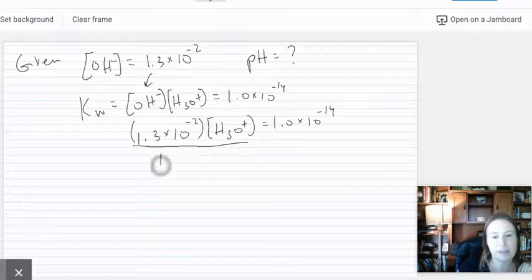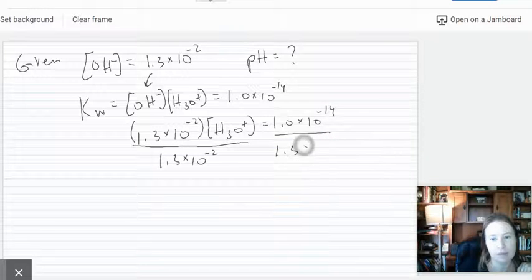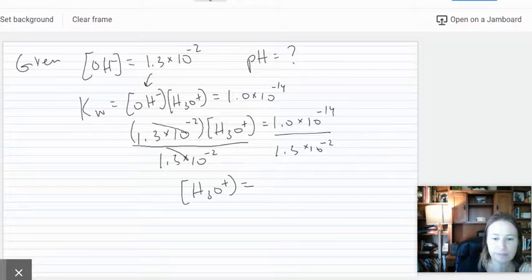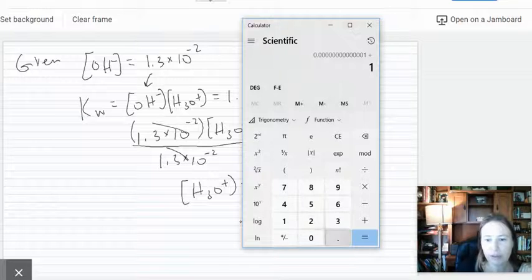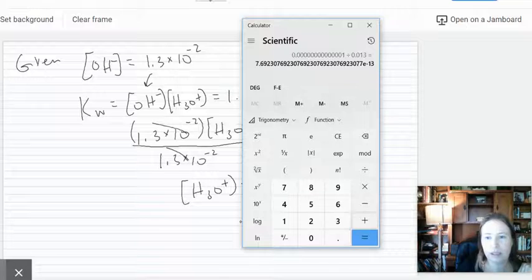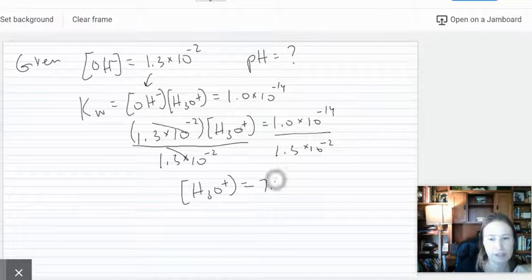Divide both sides by 1.3 times 10 to the negative second, and H3O plus equals 10 to the negative 14th divided by 1.3 times 10 to the negative 2, and that is 7.69 times 10 to the negative 13th.